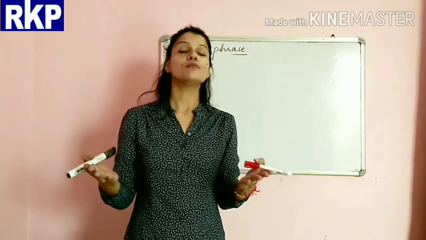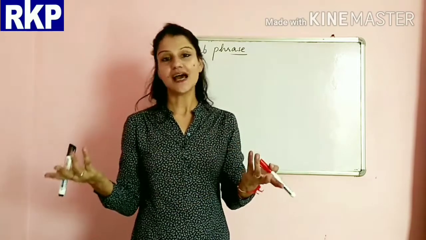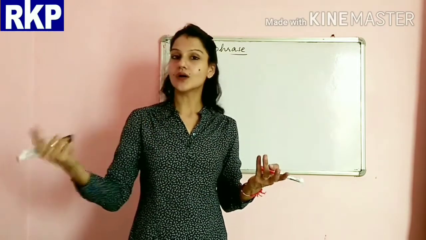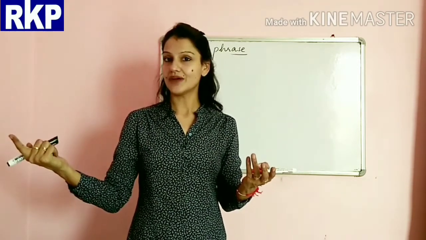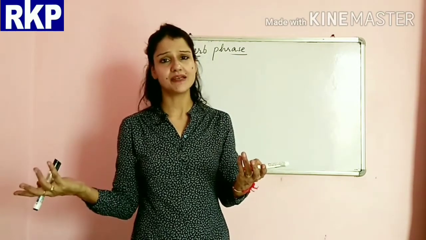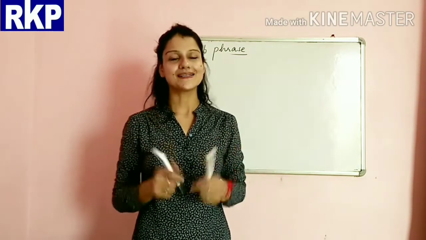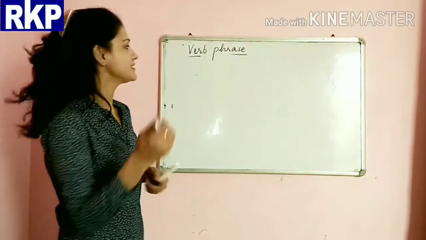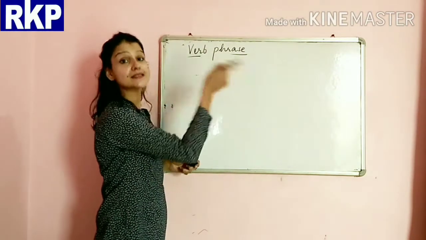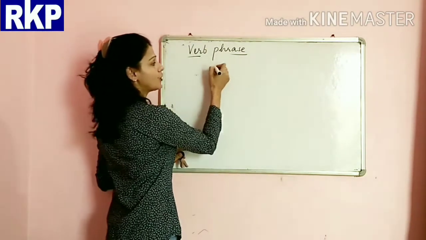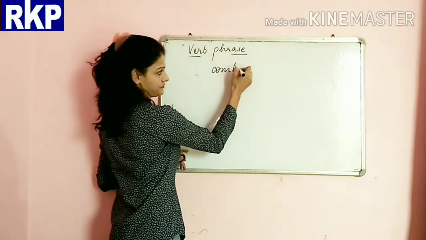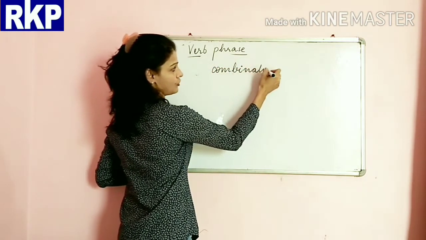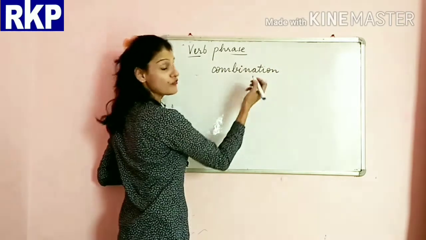Now you might say that we have only one word verb, only a single verb in the sentence. But what I'm trying to say here is verb phrase is basically a combination of what?